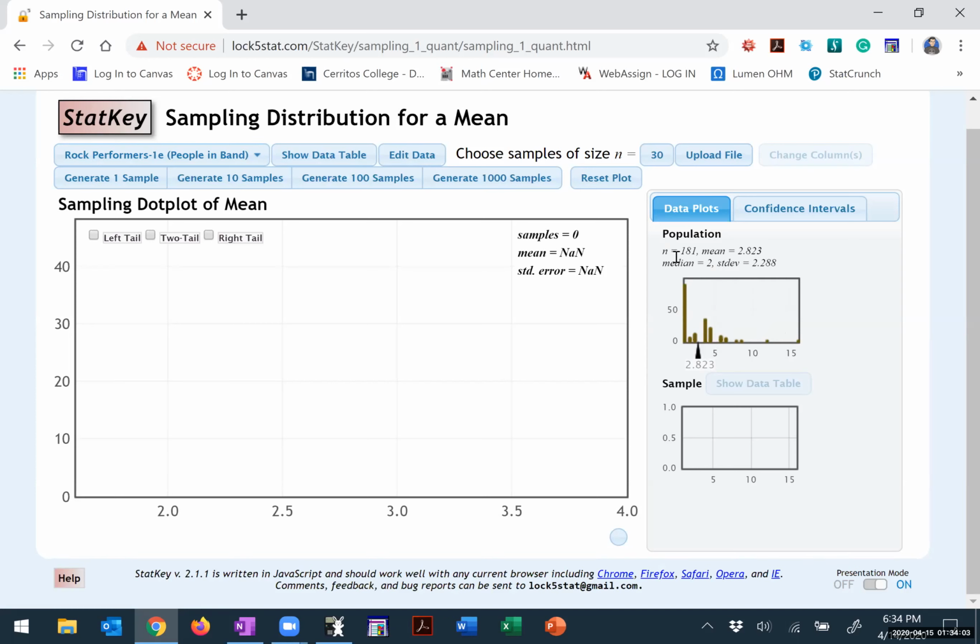Does that make sense? Why would it be right-tailed for the number of people in a band? Generally you're going to have 1, 2, 3, like all of these single artists, and all of these single musicians.